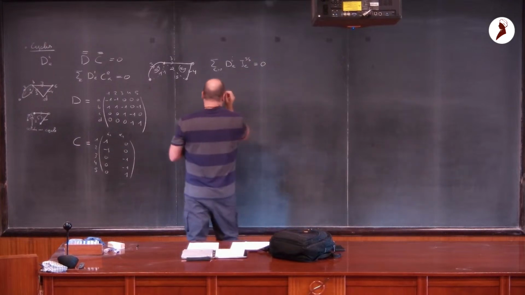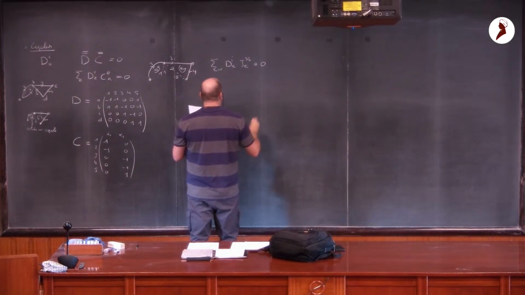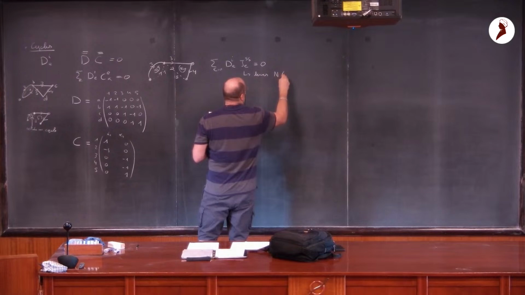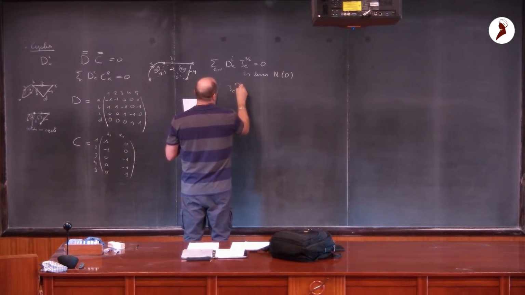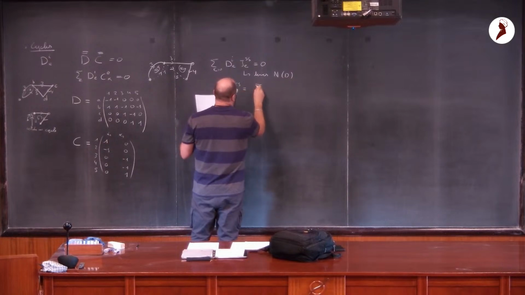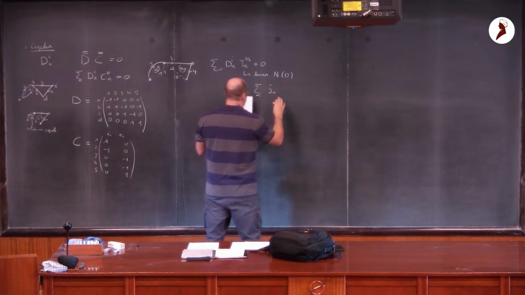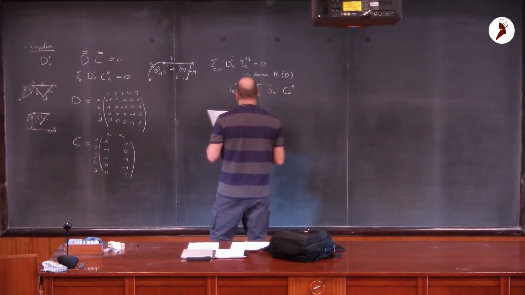Okay? And so if I do a decomposition, this lives in the null space of D, and I can decompose the steady state flux as a sum over alpha, J alpha are the coefficients, C alpha E.